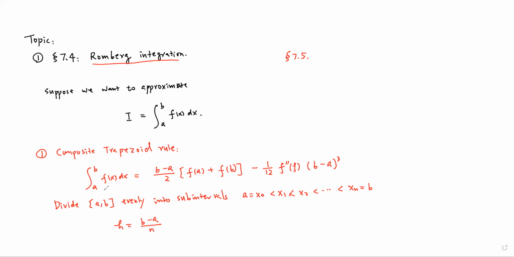Now write the integral into a summation, i from 0 to n minus 1, of the integral from xi to xi plus 1. And apply the trapezoid rule to each integral.